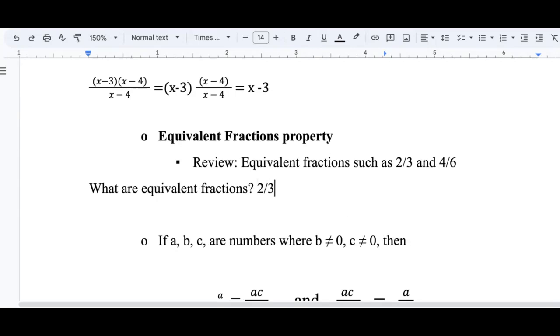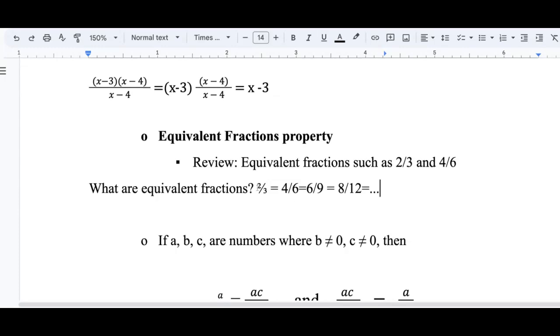For 2/3, there are infinitely many equivalent fractions. 4/6, we multiply by 2/2. Then 6/9, we multiply 2/3 by 3/3, then by 4/4, 4 times 2 is 8, 3 times 4 is 12, and so on and so forth, infinitely many, okay?